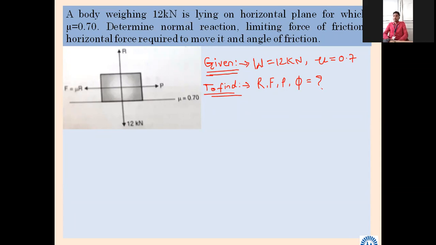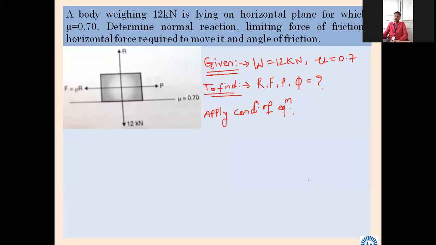Shall I expect answer from you? Yes, sir. Okay, take your time. So let us see what will happen. I'm going to ask randomly, so don't tell your answer. I will ask one by one. So I will say apply conditions of equilibrium.